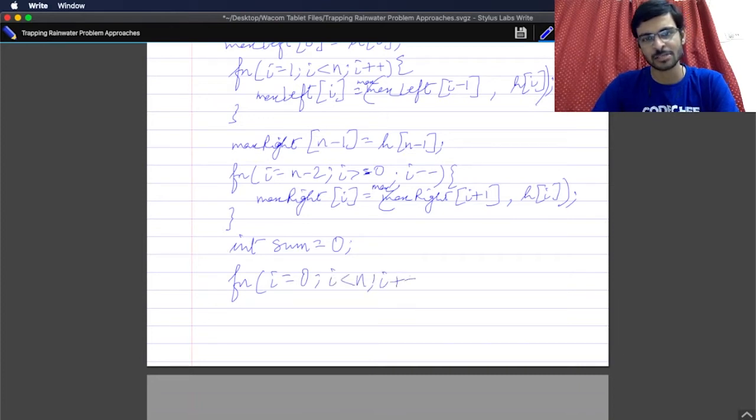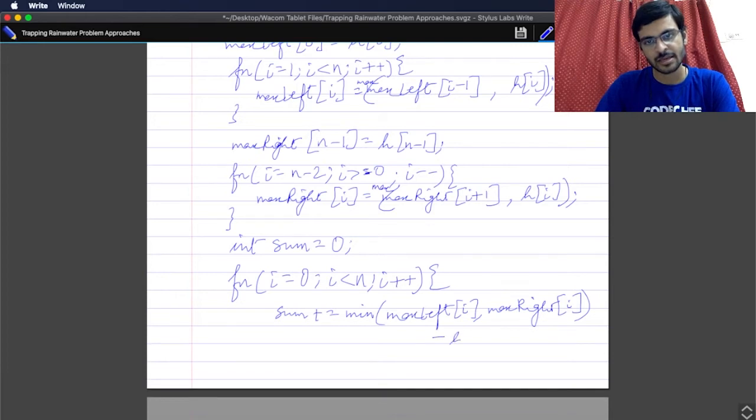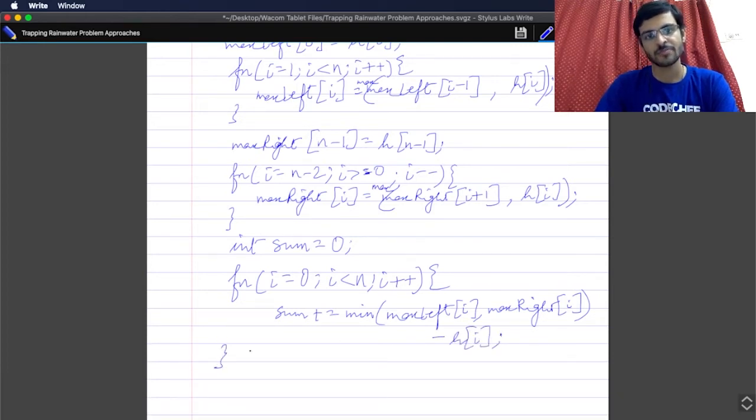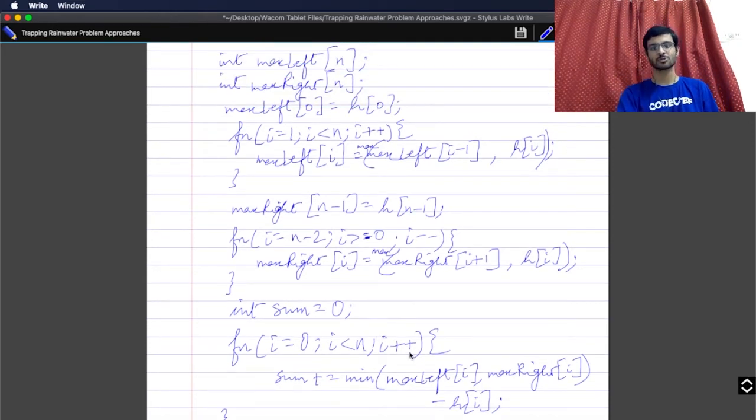For i less than n, i plus plus, sum plus equals the min of max left of i comma max right of i, minus h i. Okay, so by the completion of this algorithm, we will see that sum stores the value.